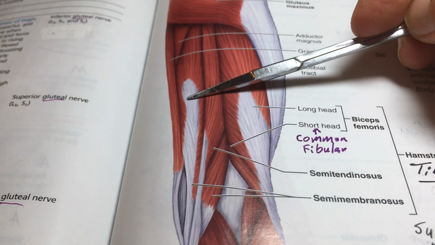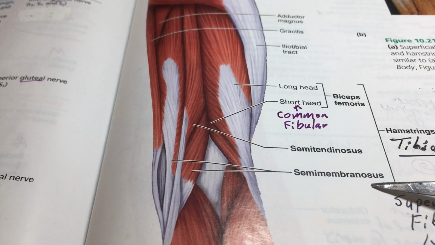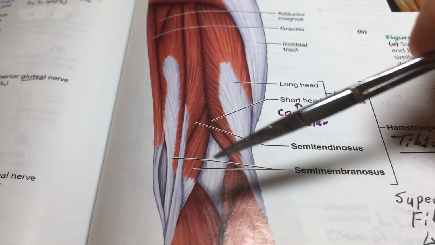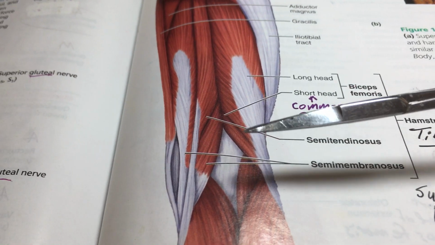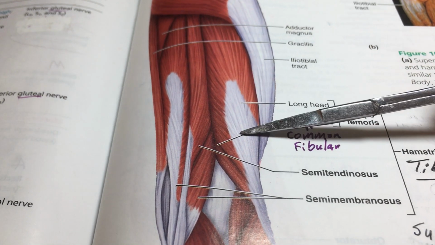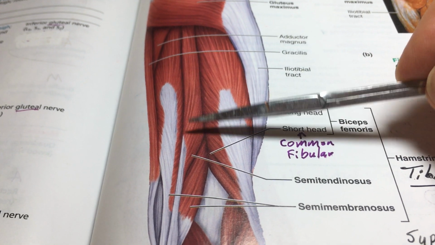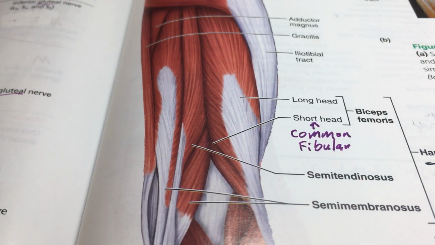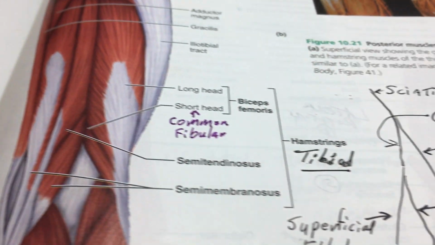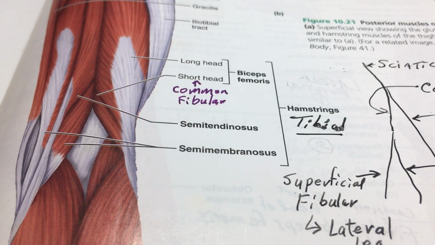And then wrapped around it, especially up here, is the semimembranosus. It's a more flat muscle and sort of wraps around, and it's in second place here on the medial side. So biceps femoris, semitendinosus, and then semimembranosus. 1, 2, 3. Those are your hamstrings. And we have tibial nerve innervation, just the way you like it.